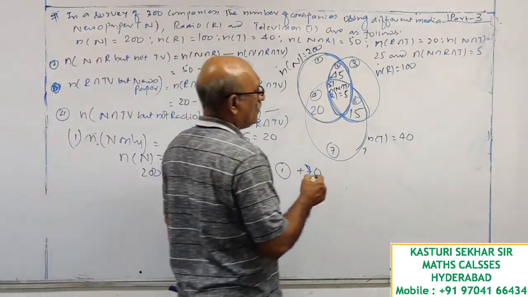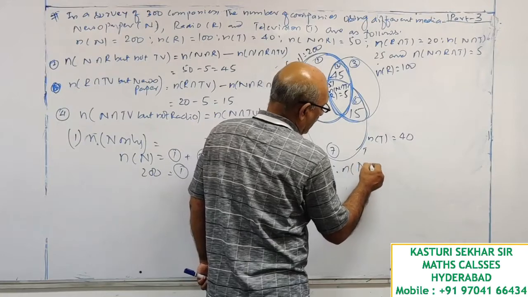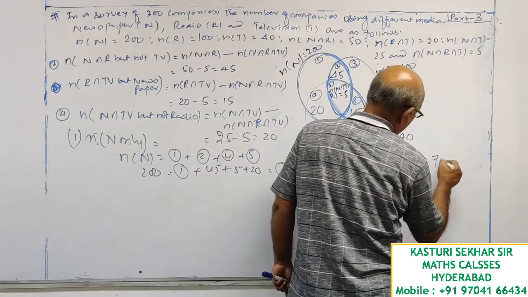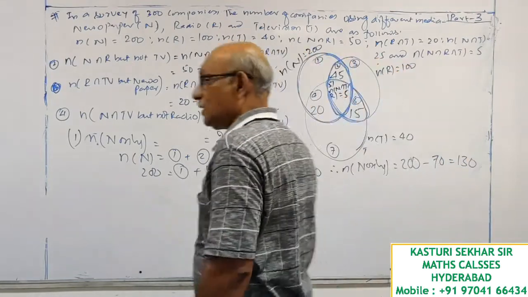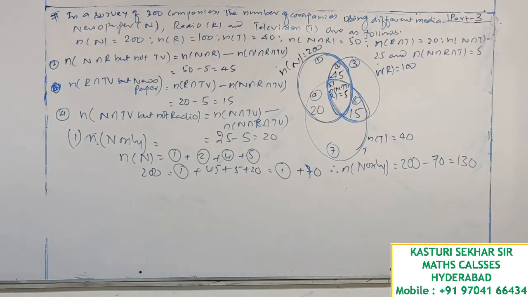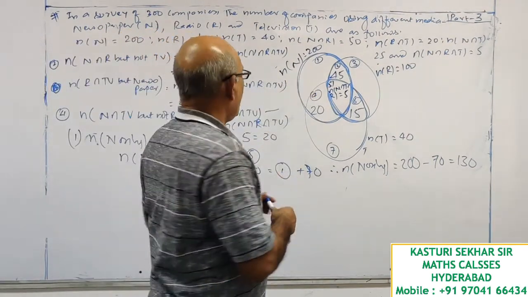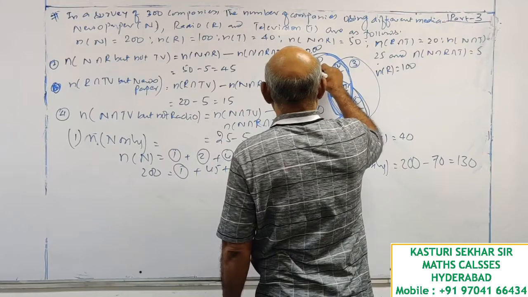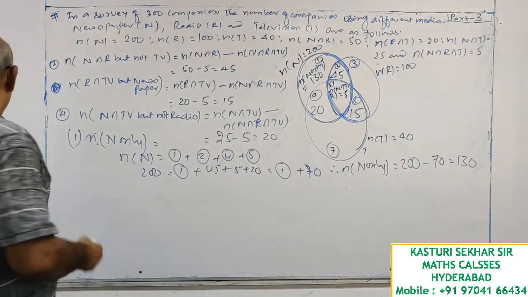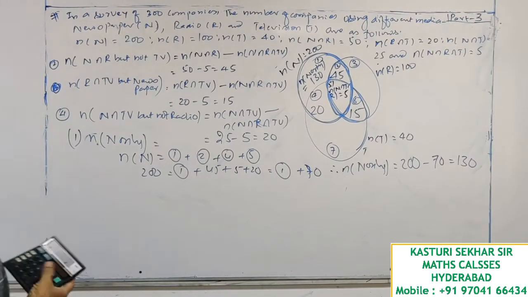So n of newspaper only is 200 minus 70, which is equal to 130. This is the answer to this one. So n of newspaper only is 130.